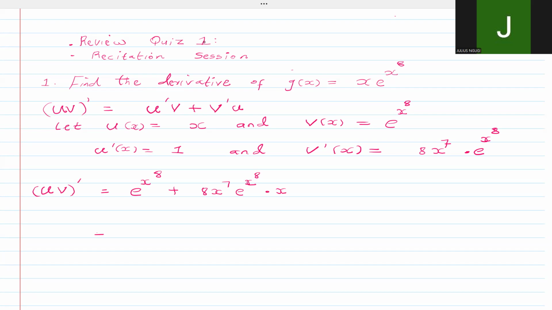This becomes e to the power x to the power 8 and you factor it out, so you'll be left with 1 plus 8x to the power 7 times x, which is x to the power 8 by the rules of indices. That's the answer for number 1.